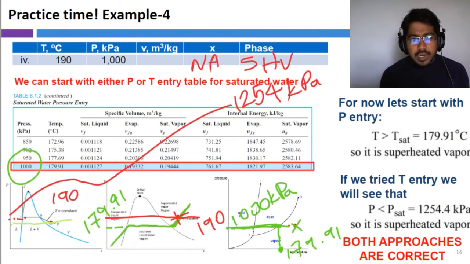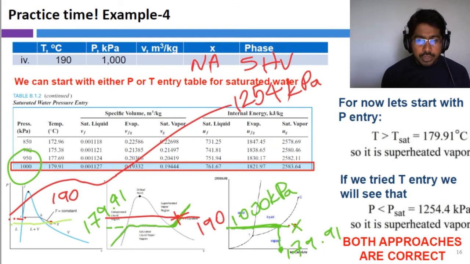You remember, we agreed that X is only defined for saturated liquids or saturated vapors, or substances with liquid-vapor equilibrium. So anything inside the dome or on the boundary lines has X defined for it. But superheated vapor or compressed liquid doesn't have anything to do with X. So it's non-applicable. Now we need to find the specific volume for this superheated vapor.